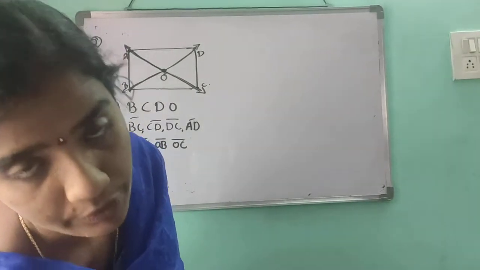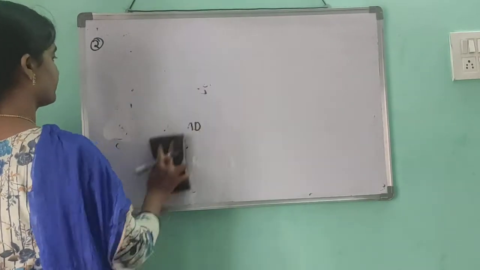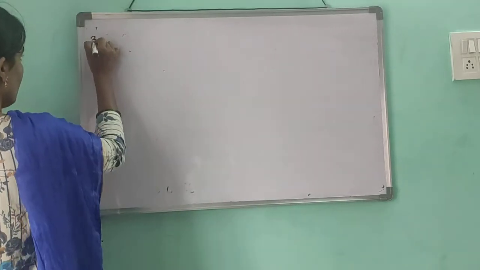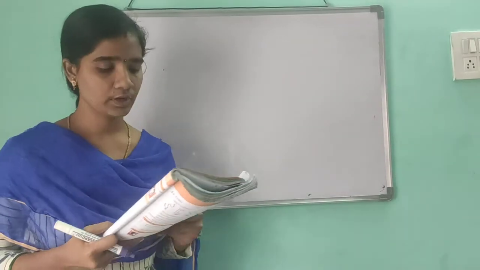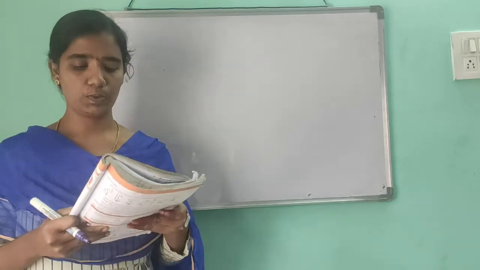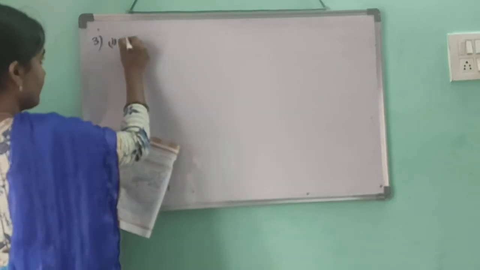So coming to the third one. How many lines can be drawn through first, one point?